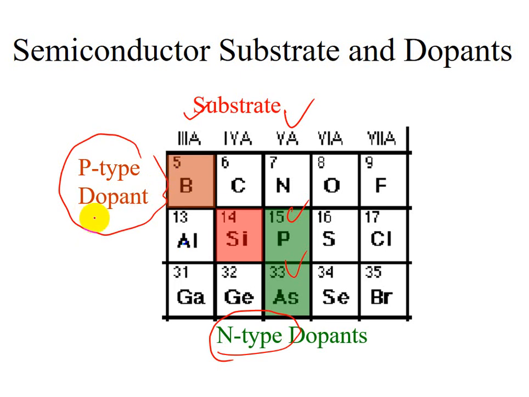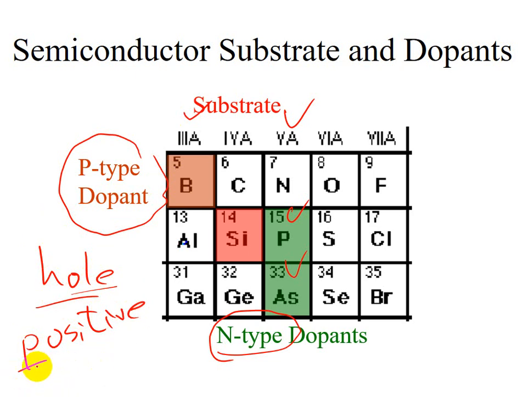For the p-type dopant, the primary charge carrier contributing to the conductivity is the hole, with positive charge. That's why we call it p-type.